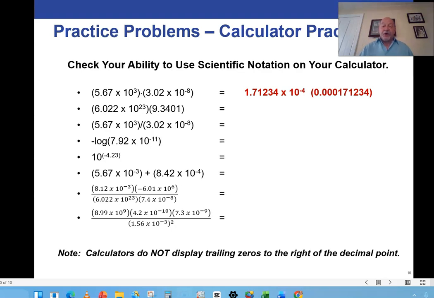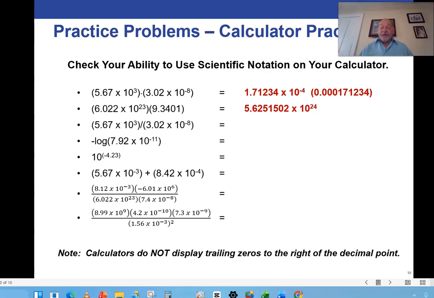Pause the video here. And the answer is 5.6251502 times 10 to the 24. Now this is a giant number and will likely not fit on your calculator display in decimal format, so it will almost certainly be shown in scientific notation format.